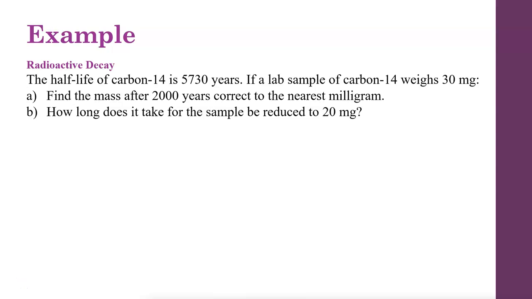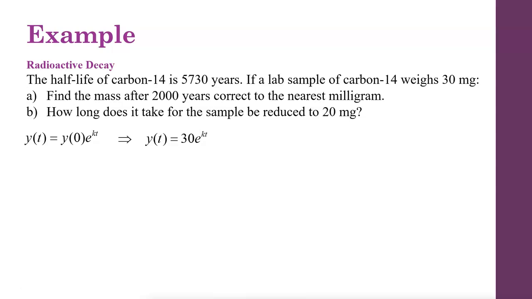So again, here's a case where the growth, in this case the decay rate, is proportional to the size of the sample we have. So we go back to the equation we had seen already. So y of t is y of 0 e to the kt, and we know the initial amount of carbon-14 at time 0 was 30 milligrams, so y of t is 30 e to the kt.